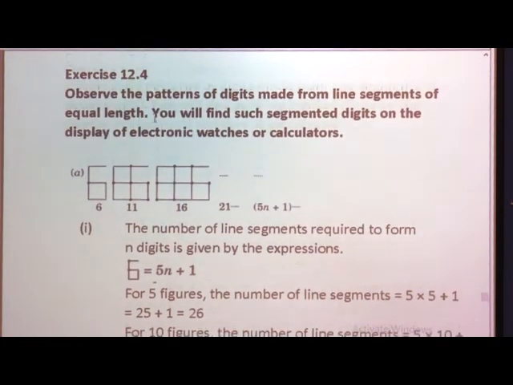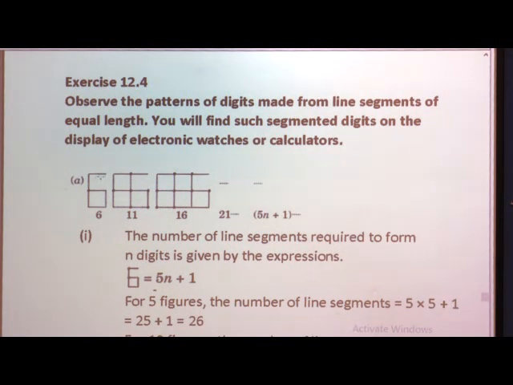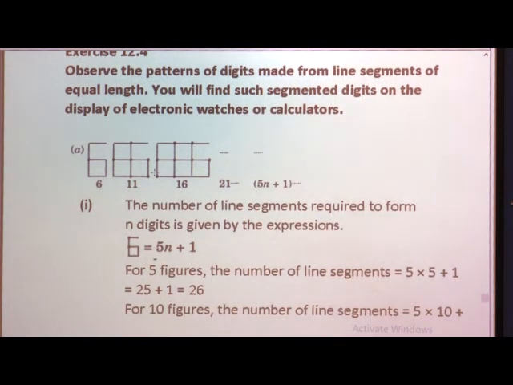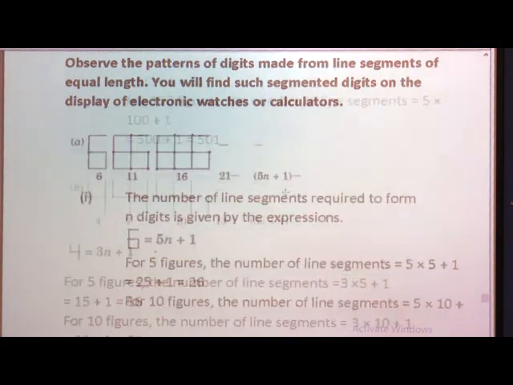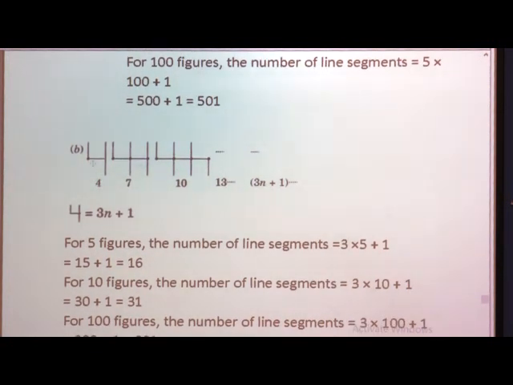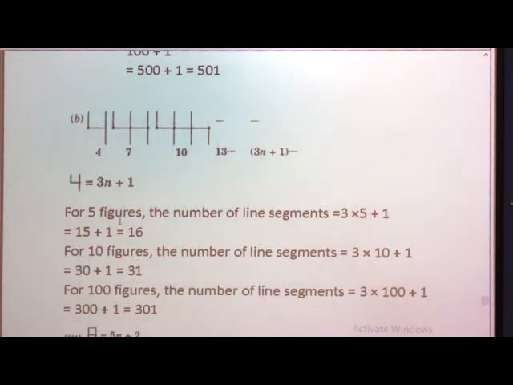Again I will say these are the different patterns. One looks like a digital 6, whose expression is 5n plus 1, then another pattern looks like a digital 4, whose expression is given as 3n plus 1. So, we write the number of patterns, put the values and find out the number of sticks.